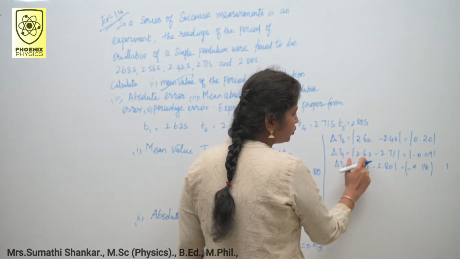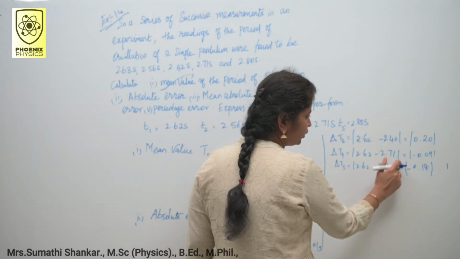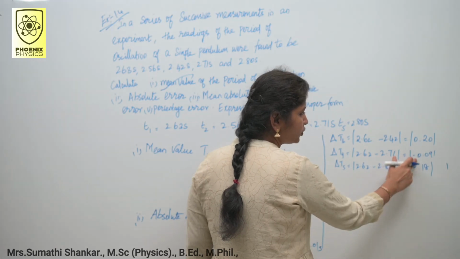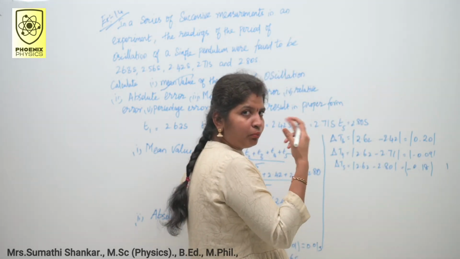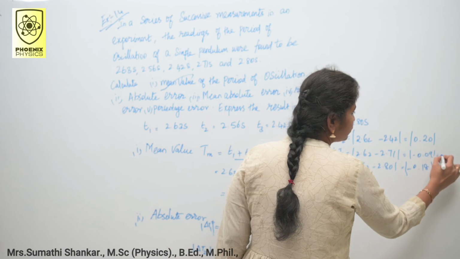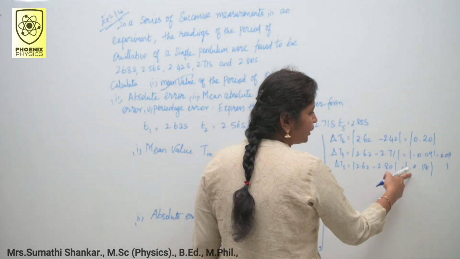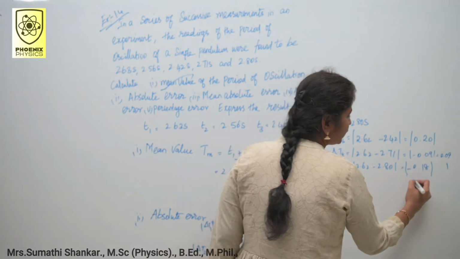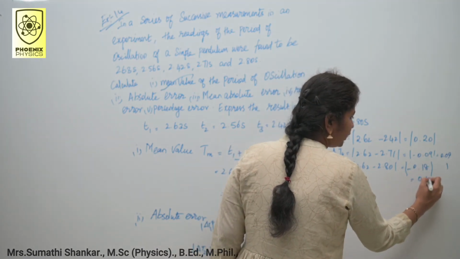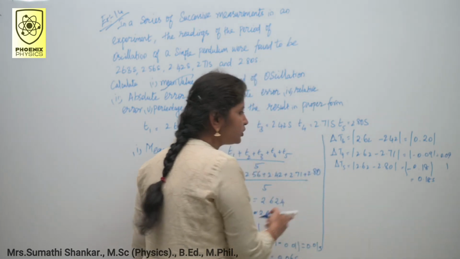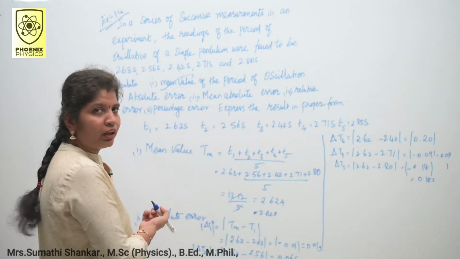T4 means 2.62 minus 2.71. Here I am getting a minus value, but I am taking magnitude, so you can write it as 0.09 alone. T5 gives minus 0.18, but you can write it as 0.18 second. So this is our absolute error value.